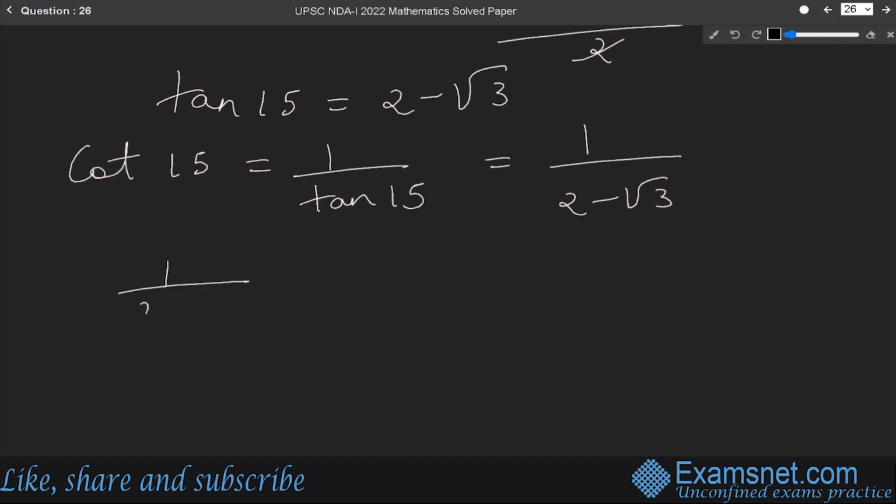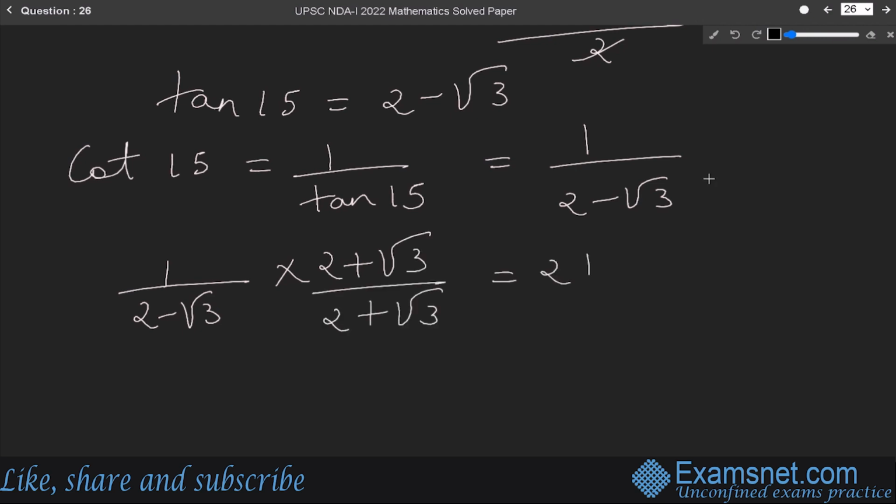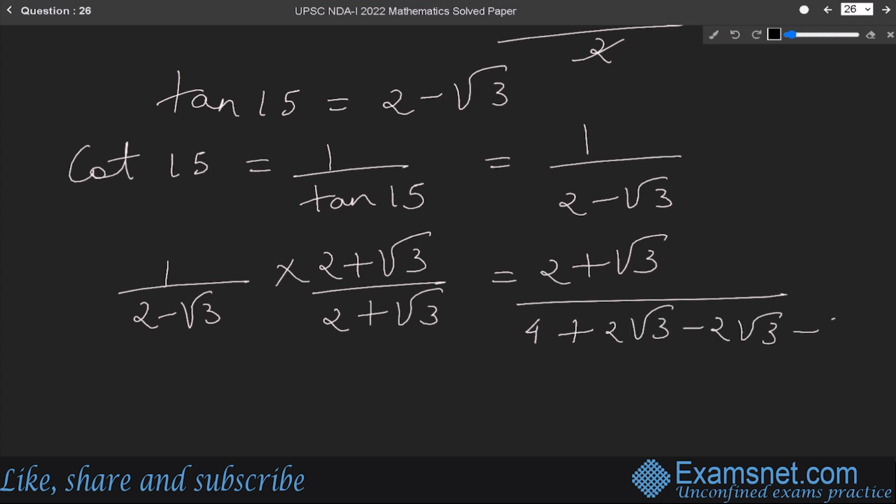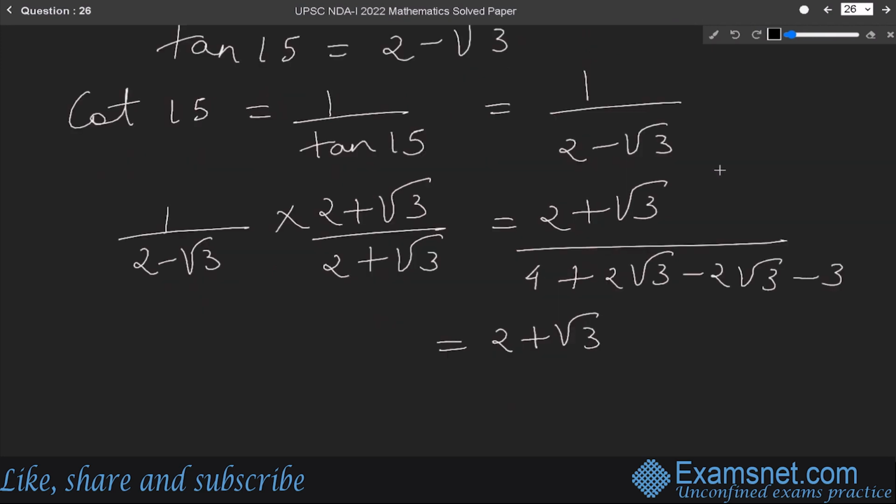Again rationalizing this term, we get (2 plus root 3) upon (4 minus 3), which equals 2 plus root 3. So now we have got the value of cot 15, which is 2 plus root 3.